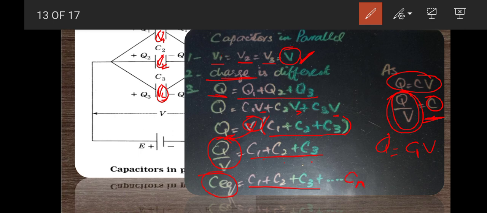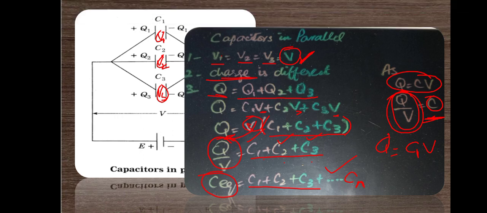So the C equivalent will be equal to the sum of all the capacitances of the capacitors. As it is a sum, it will be greater than the capacitance of any individual capacitor. That was the parallel combination of capacitors.